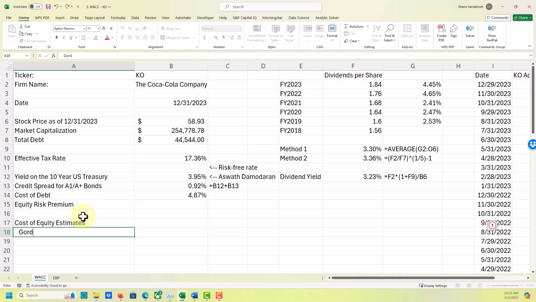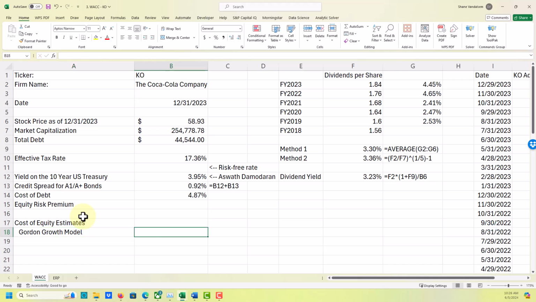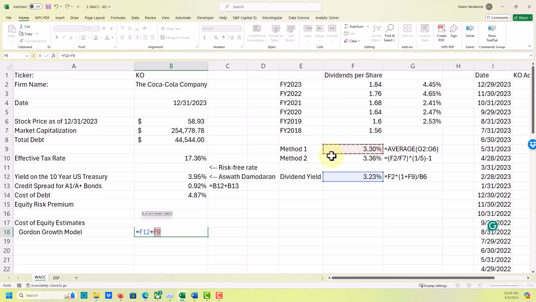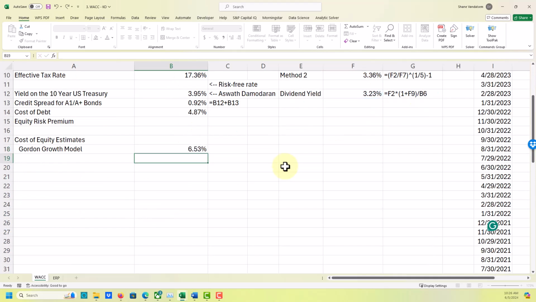You'll hear it both ways sometimes. It would be our dividend yield plus our expected growth rate, or 6.53%.